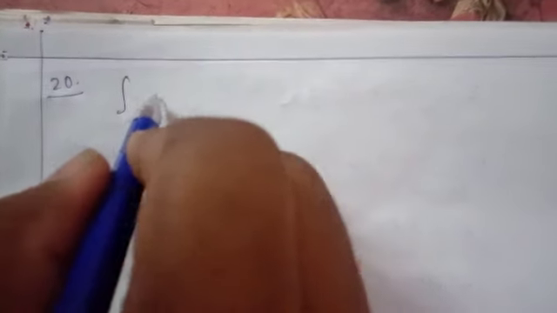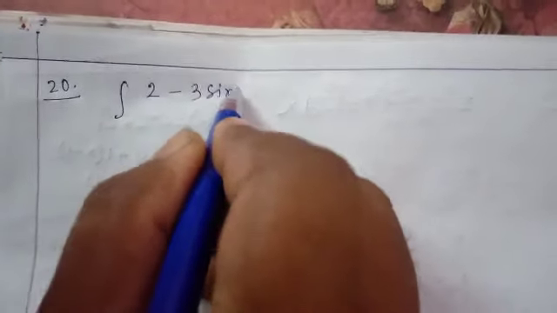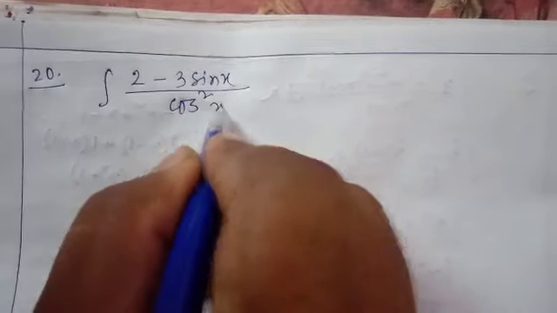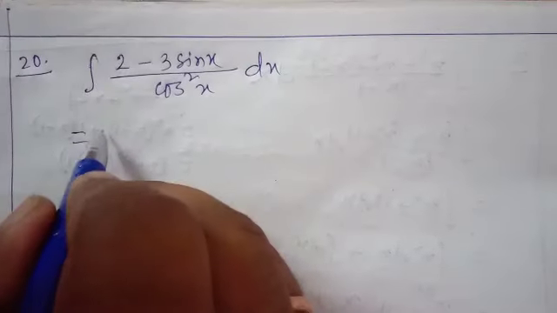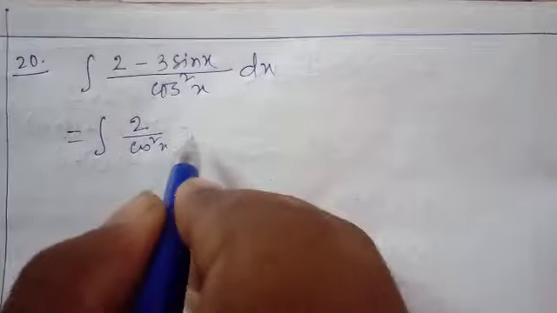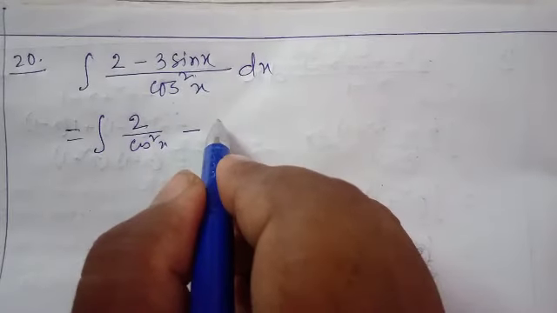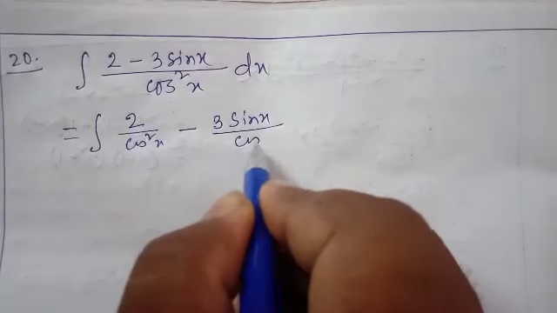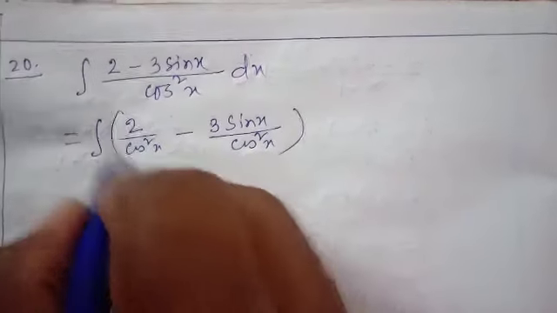Next one, number 20 sum here given: integration of 2 minus 3 sin x by cos square x dx. So what is it? First you divide it: 2 by cos square x minus 3 sin x by cos square x dx.